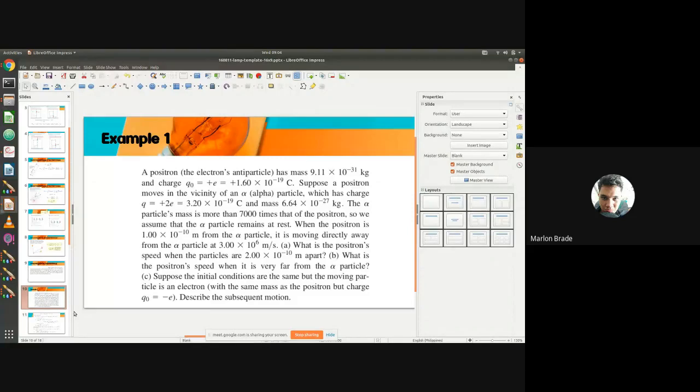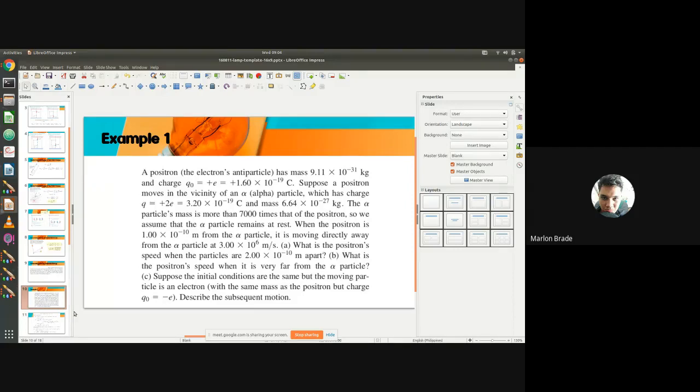Suppose a positron moves in the vicinity of an alpha particle. If you don't know alpha particles, mura na siya helium nga gikuan og duha ka electron. I think naka-remember mo sa chemistry. So alpha particle is isa ka helium atom nga gikuan og duha ka electron.